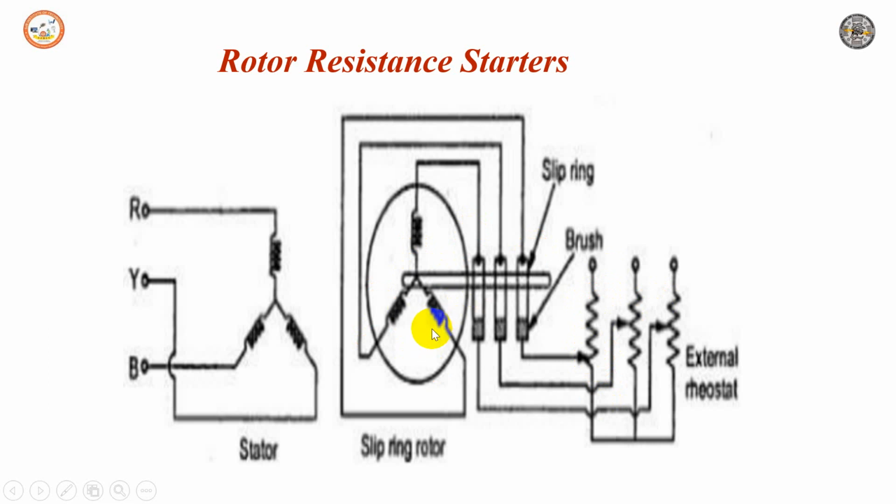We have seen the starting torque is proportional to rotor resistance. Hence, if you have a very low resistance, you get high current and low torque. So an important advantage of this method is that not only is the starting current limited, but the starting torque of the motor also gets improved.